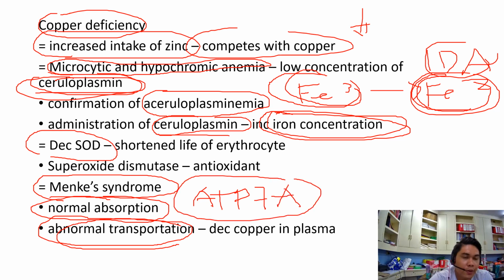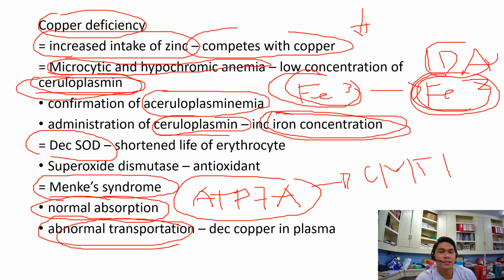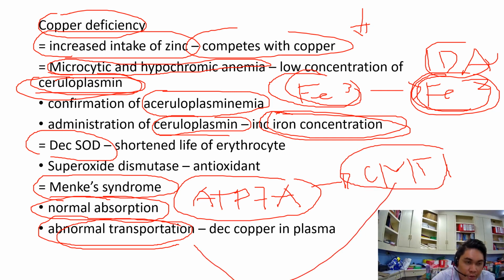The ATP7A gene codes for the production of CMT1, copper membrane transporter 1. CMT1 is important in the transportation of copper from the enterocyte to your plasma.